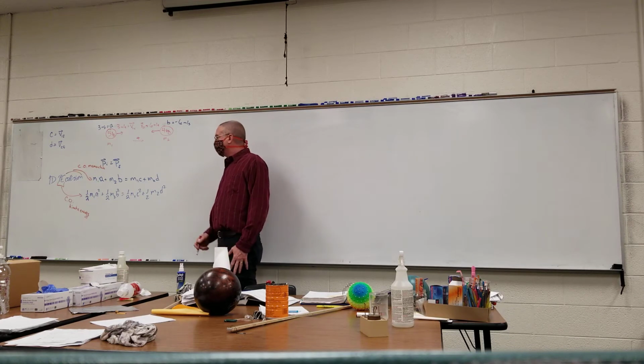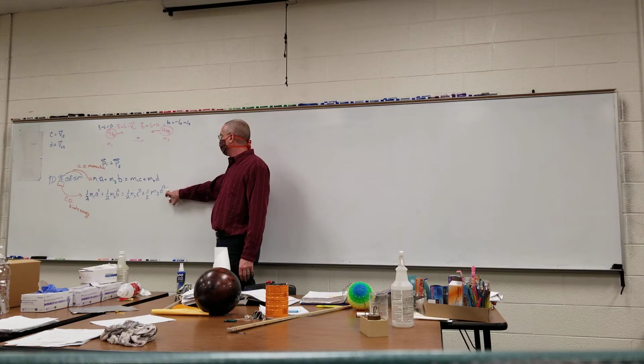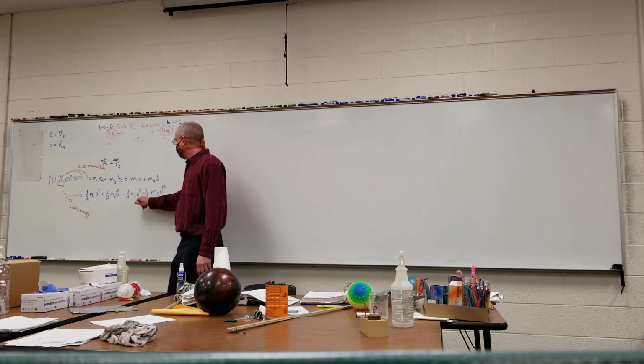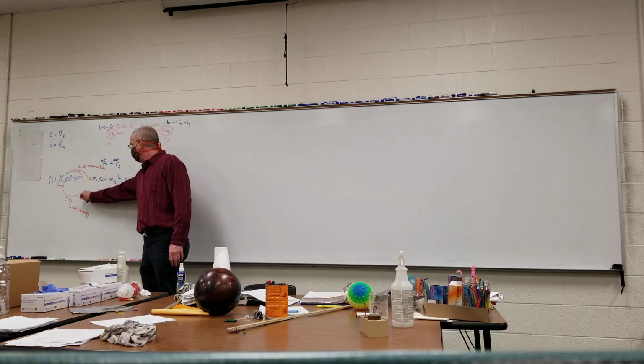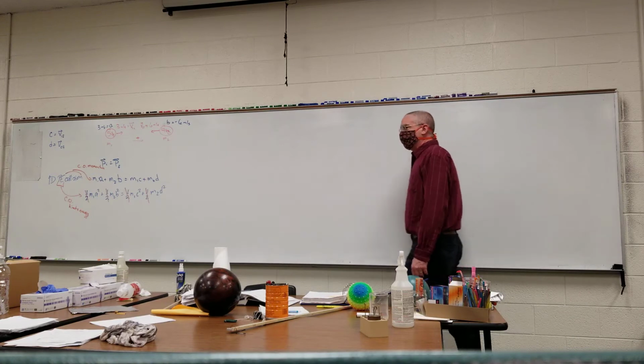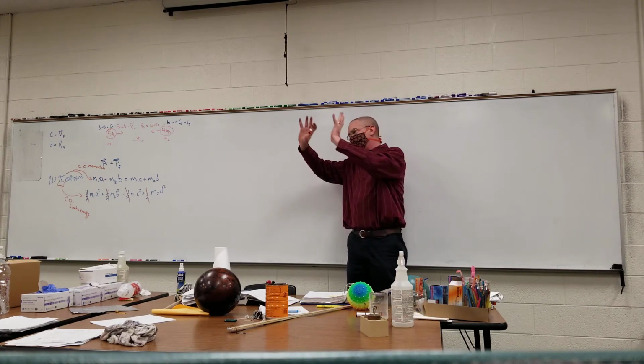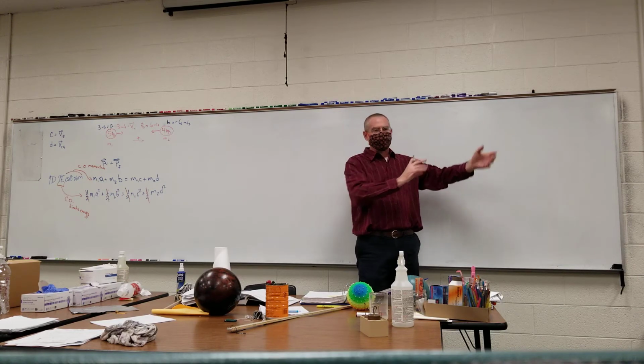So let's solve it. To solve it, we need to simplify it down a little bit. I can get rid of the 1/2 by multiplying the whole thing by 2. And now I'm going to get the M1s together. I'm going to group them so all the mass 1s are on one side and all the mass 2s are on the other side.